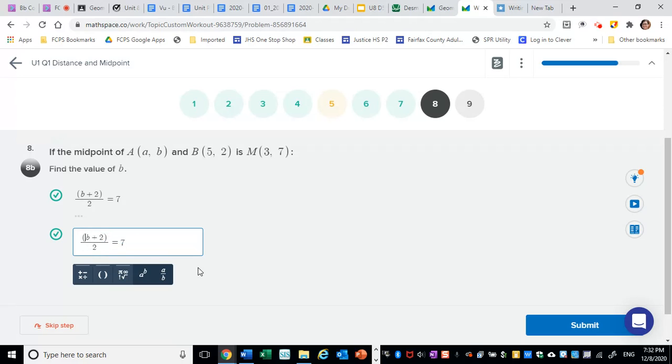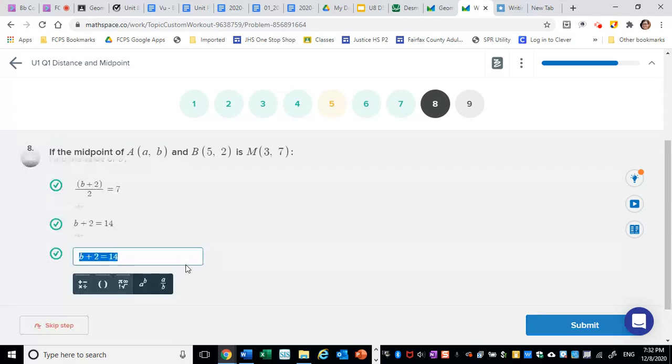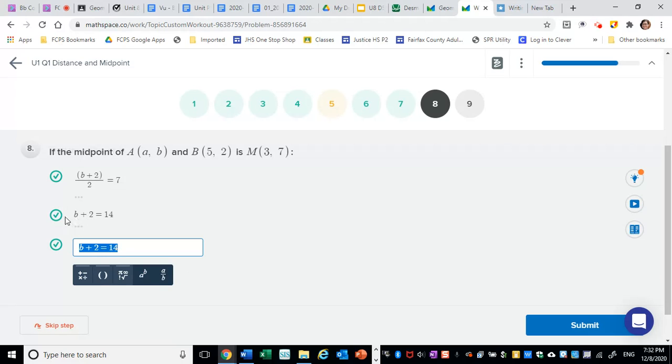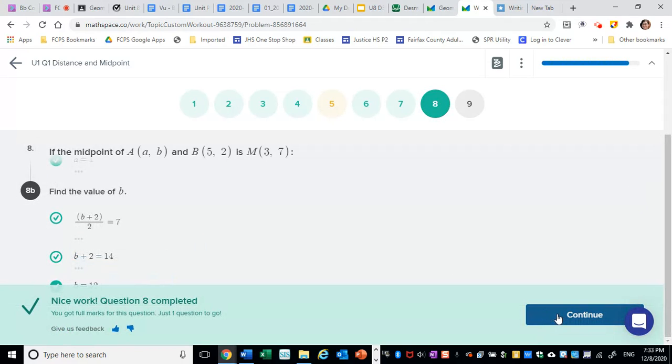So 7 times 2 is 14. And now you have B plus 2 equals 14. Then you subtract 2 from 14. So 14 minus 2 is 12. So B is 12. Okay, so submit it. And that is question 8.